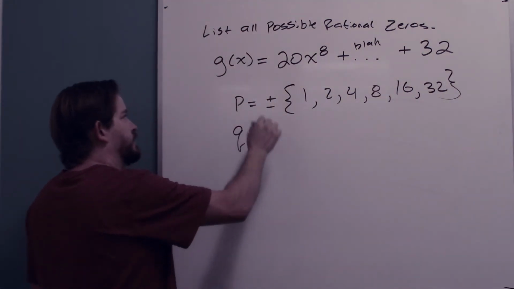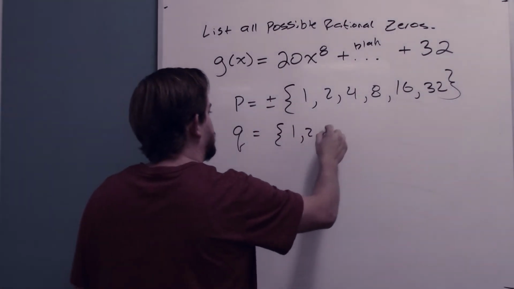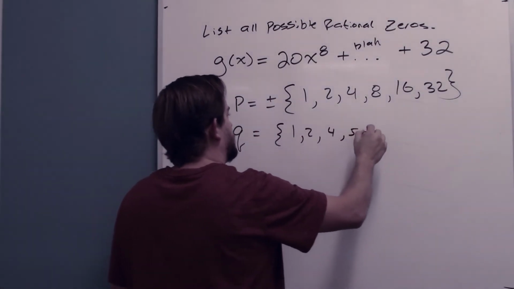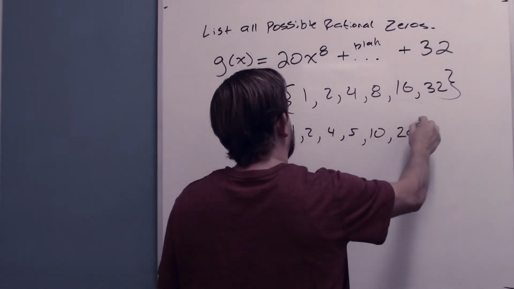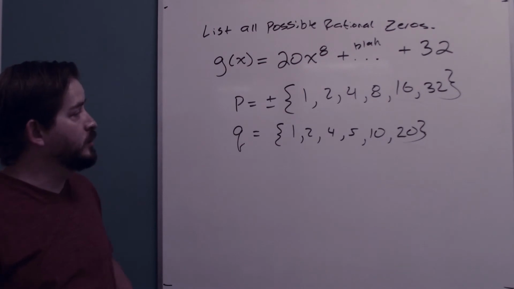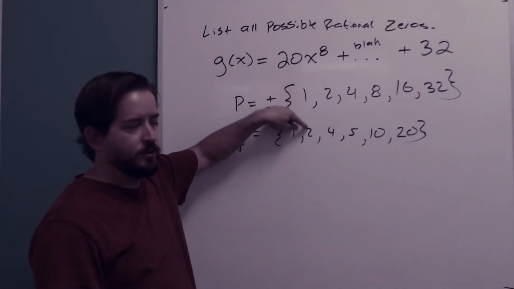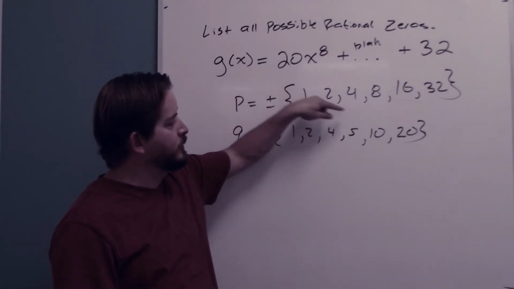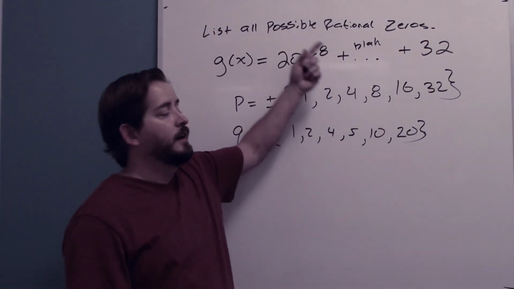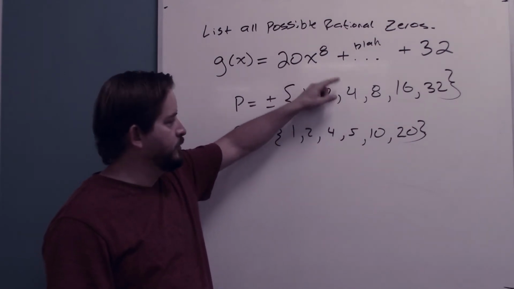All of my q's are all of the possible factors of 20. So that is 1, 2, 4, 5, 10, and 20 itself, right? The list of all the possible ones are 1 over 1, and 1 over 2, and 1 over 4, and 1 over 5, and 1 over 10, and 1 over 20, and 2 over 1, and 2 over 2, and 2 over 4, and 2 over 5, and so on.